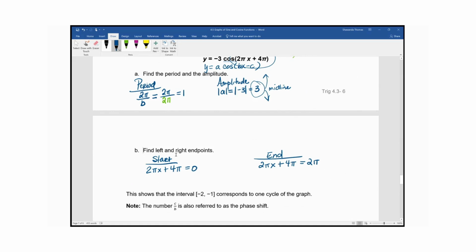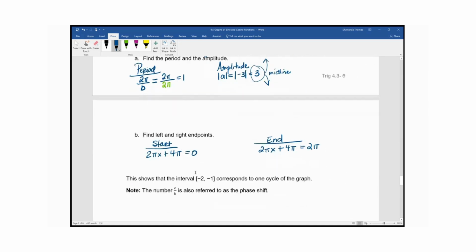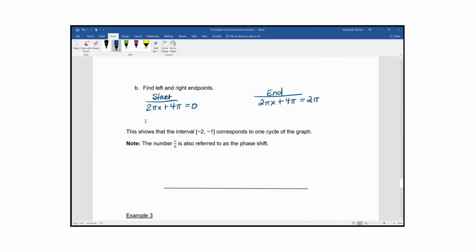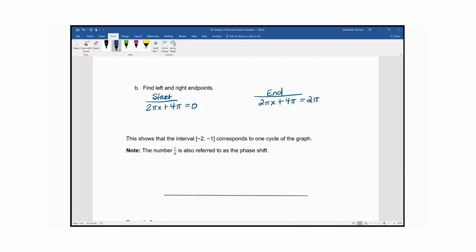All right, 2 pi x plus 4 pi equals 0. Let's solve for x. What should we do first to solve for x? Minus 4 pi on both sides. We get 2 pi x equals what on the right side?